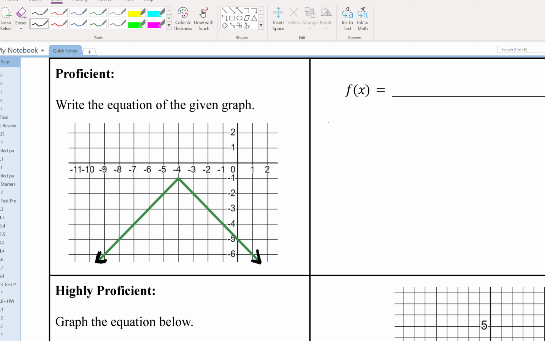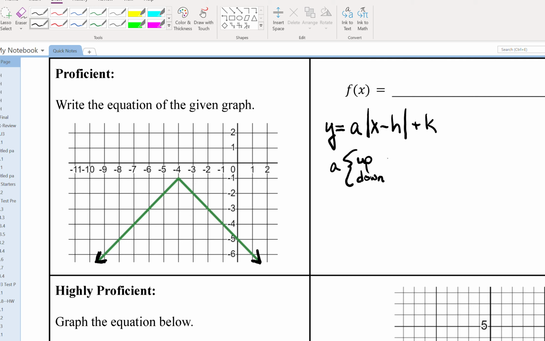The generalized form of the absolute value function is y equals a times the absolute value of x minus h, plus k. And a tells us if it opens up or down.